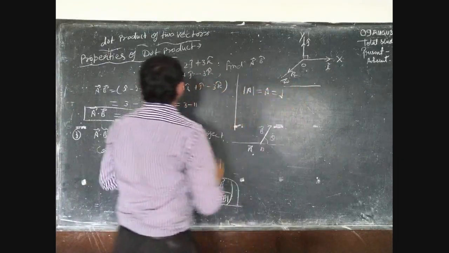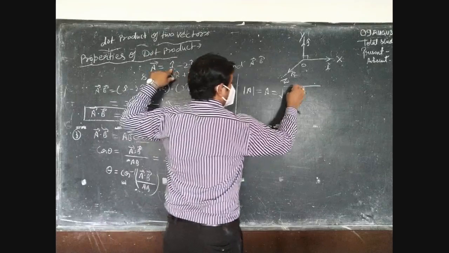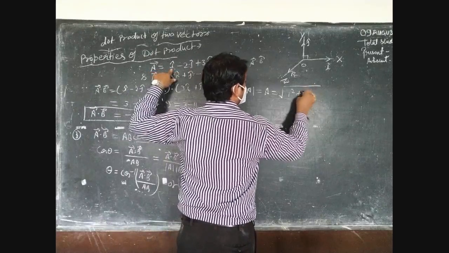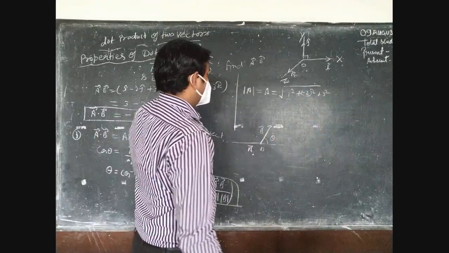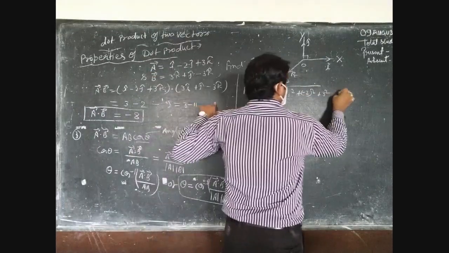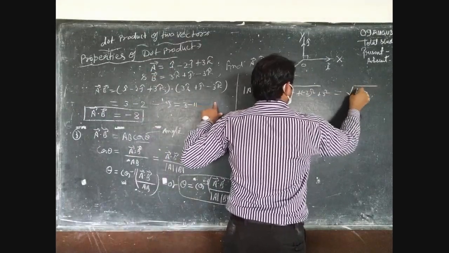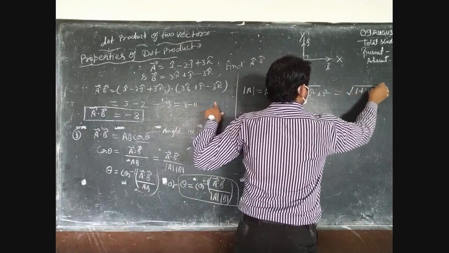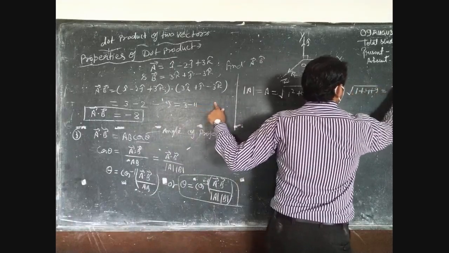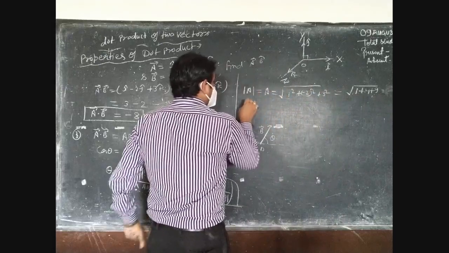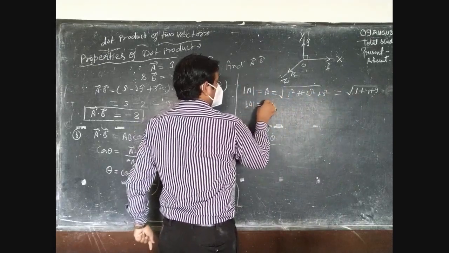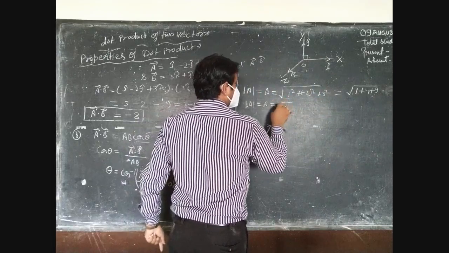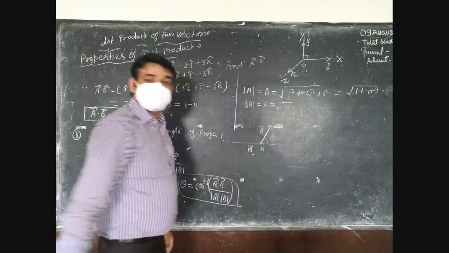The answer is 1 square plus minus 2 square plus 3 square, which gives 1 plus 4 plus 9, so the modulus of vector A is equal to under root 14.